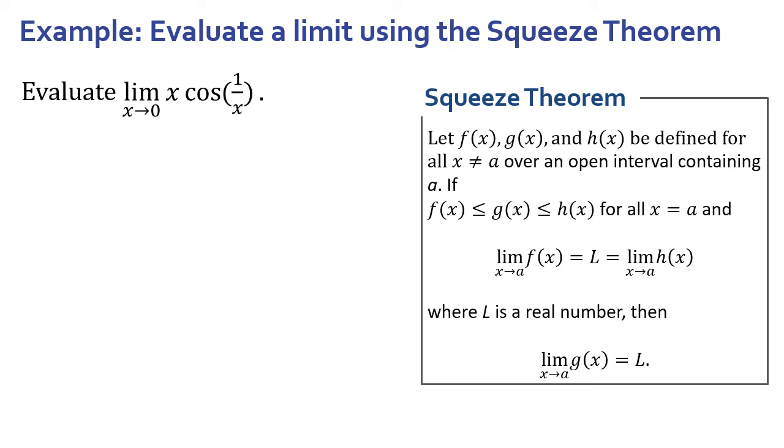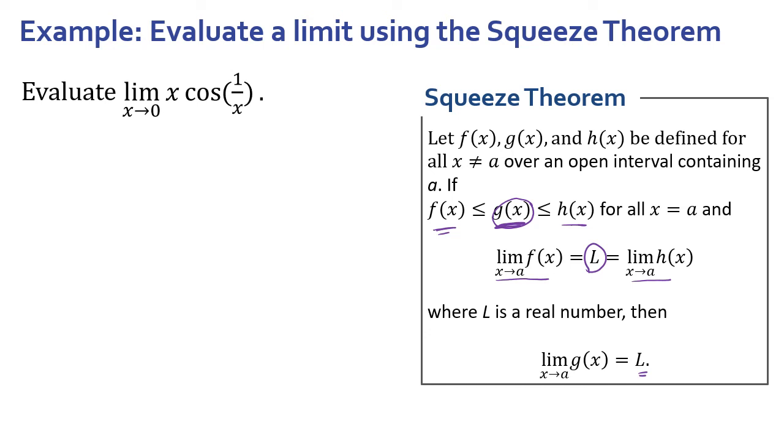If I can find, so if this is our original function we're starting with, if I can find a function that is smaller than it and greater than it for all x that are not a, then I can figure out if the limit of this smaller function and the limit of the larger function equal that same value. I can then conclude by squeezing that together that the limit of this has to also be that same value.